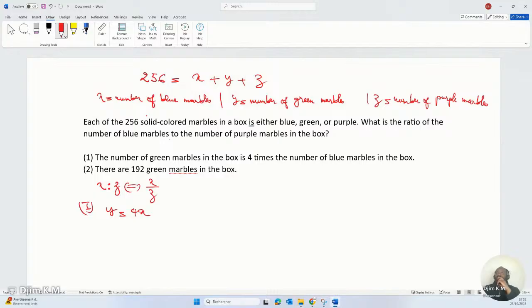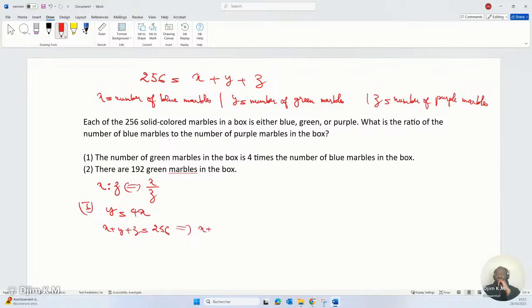We also have x plus y plus z equal to 256. What if we replace y by 4x here?